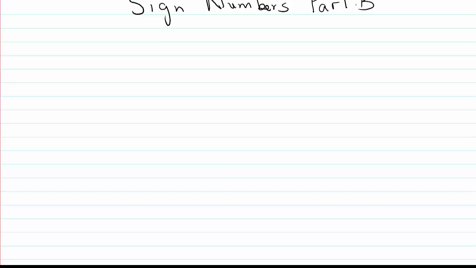In our last video, we introduced addition and subtraction of sign numbers, such as -12 plus 8 minus 6. And we said that if the operation in the problem is addition and subtraction, we work from left to right.